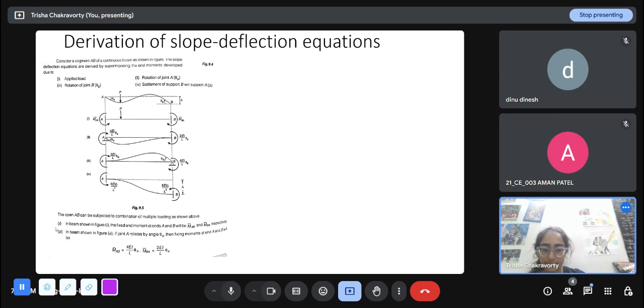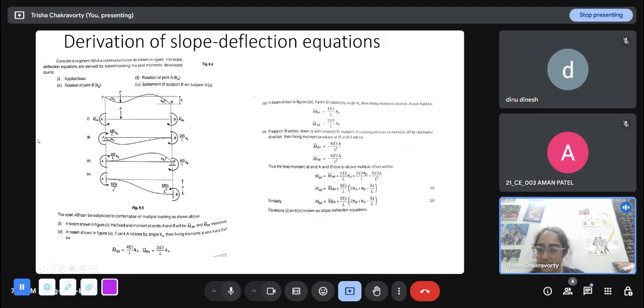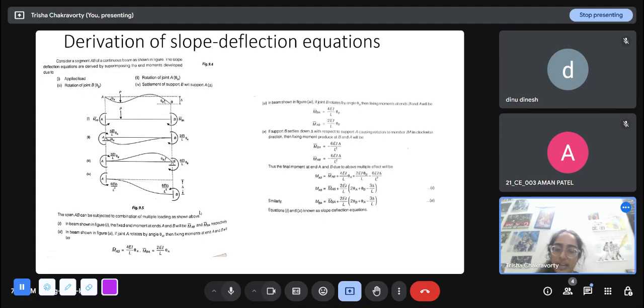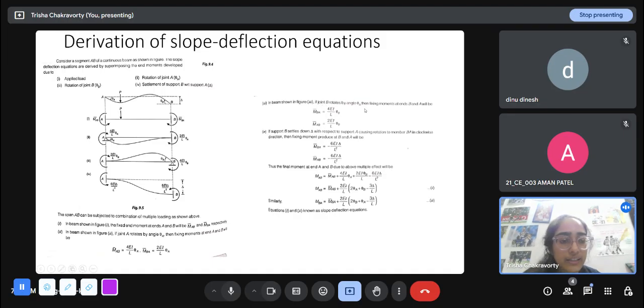Here, if joint A rotates by an angle theta A, then the end moments at A and B will be, as I said, for the joint which is rotating, 4 EI by L theta A, and at the other end 2 EI by L theta A. Both of these are theta A, keep that in mind, since these end moments are due to rotation at joint A. And in the beam shown in figure 3, if joint B rotates by an angle theta B, then the end moments at B will be 4 EI by L theta B, and at A it will be 2 EI by L theta B.